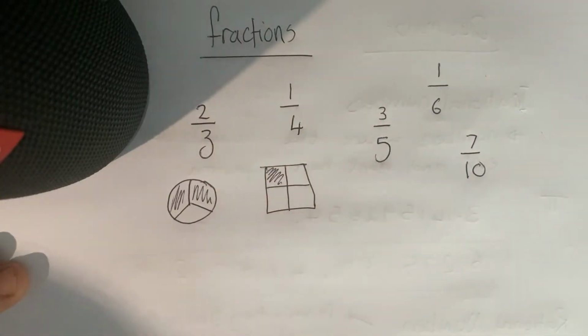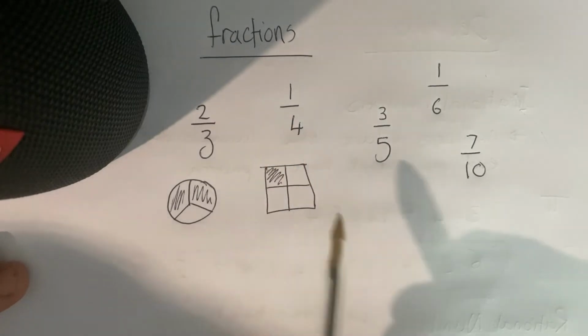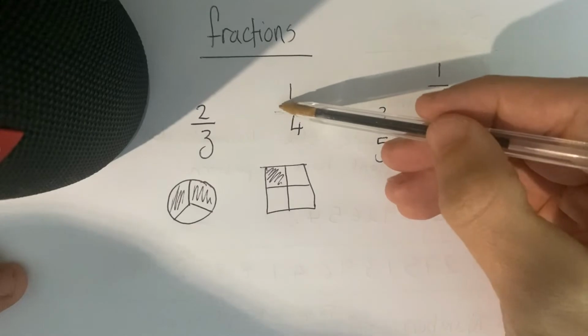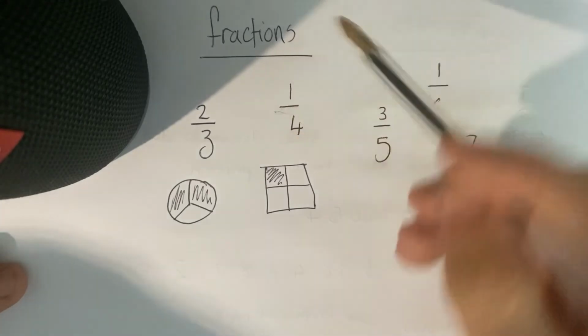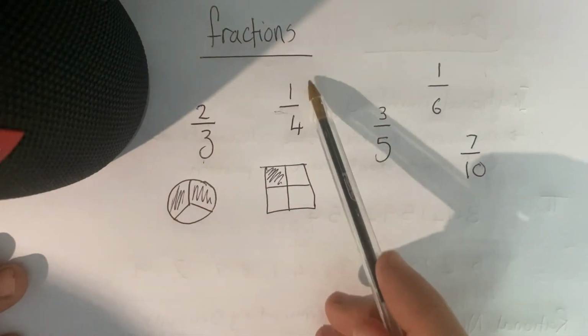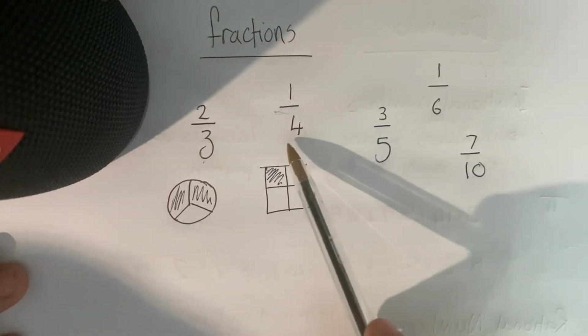So if you have a quarter of something, you have 1/4 of it. Incidentally, this line here means divide. So it means divide by 4. So this is saying we've got 2 lots of something divided by 3. This is saying we've got 1 lot of something divided by 4.